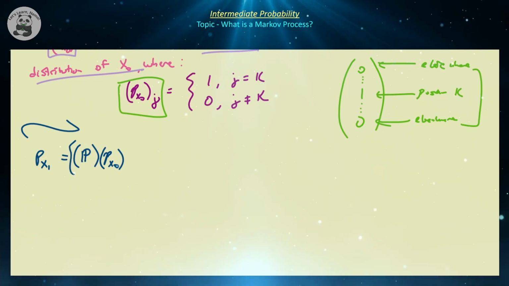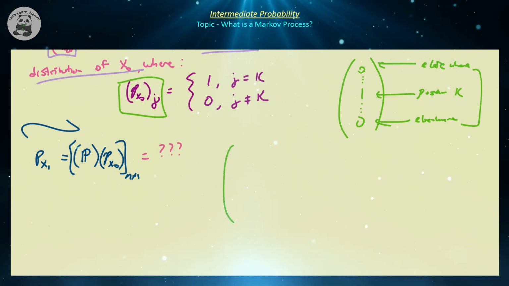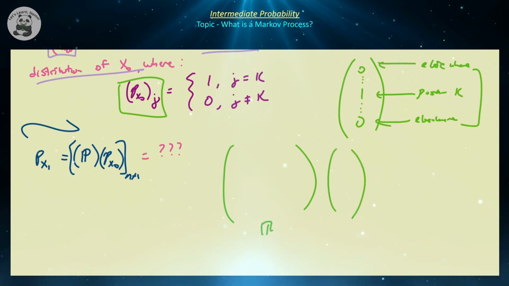That's obviously going to be an m by 1 vector. If we continue with this example, what exactly are we going to have? We have our stochastic matrix P times our column vector px0. Keep in mind this is going to have 1 and then zeros elsewhere.